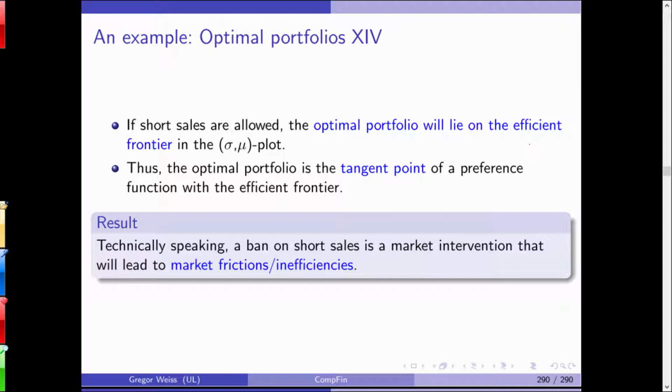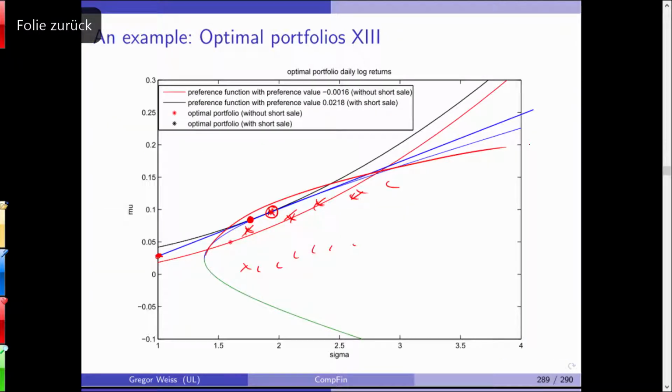Okay, so final result, and this is my last point for today. This is a very simple model that shows you that actually short selling can be beneficial. And by restricting short selling, you are constructing market frictions and market inefficiencies.